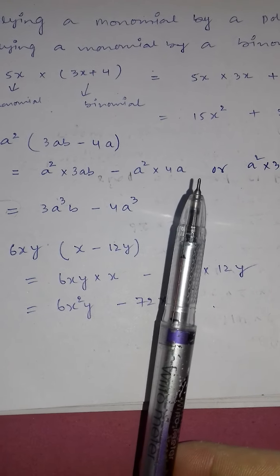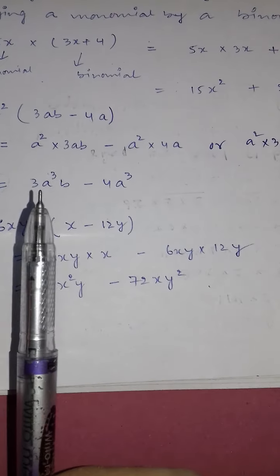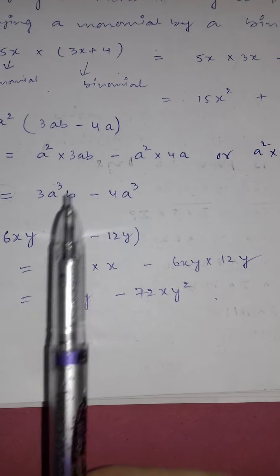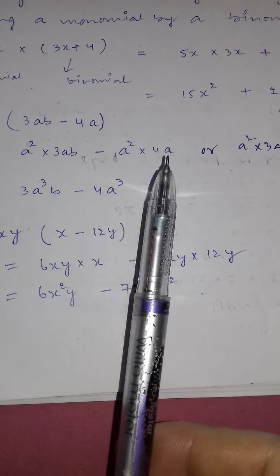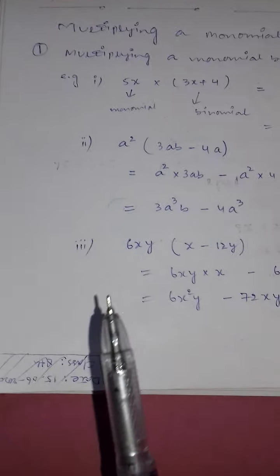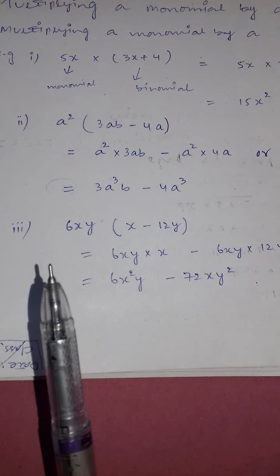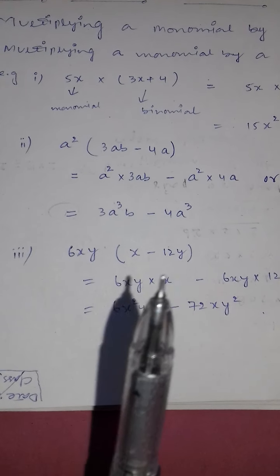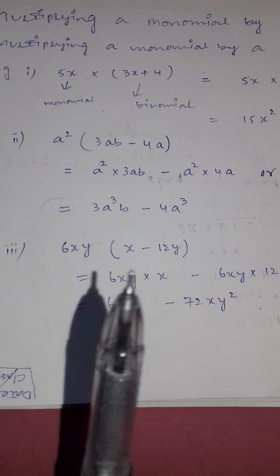Both methods are easy, you can understand both methods. It is 3 a cube b minus 4 a cube. Now let's move to part third. It is 6xy. I'm taking different parts so that you can understand.